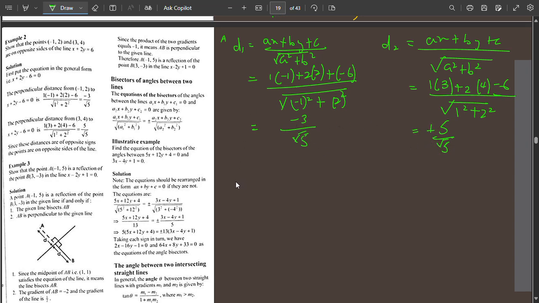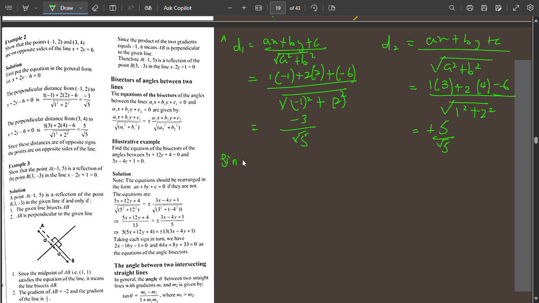That means, so since they have, right, so look at how they concluded. Since these distances are of opposite signs, the points are on opposite sides of this line.